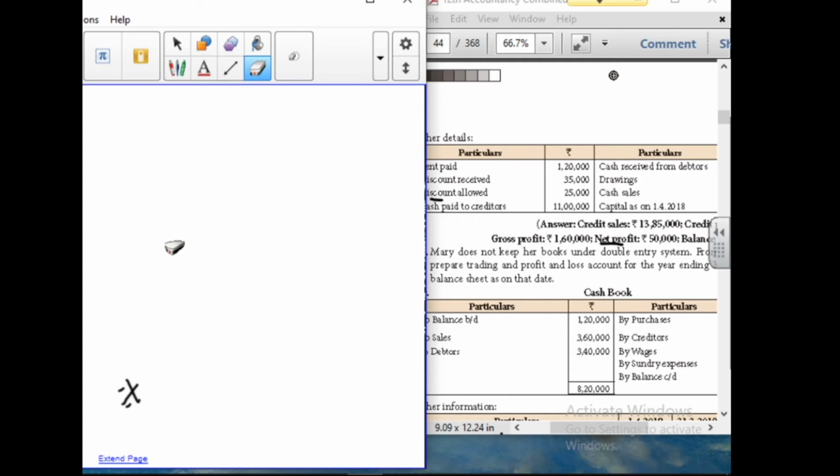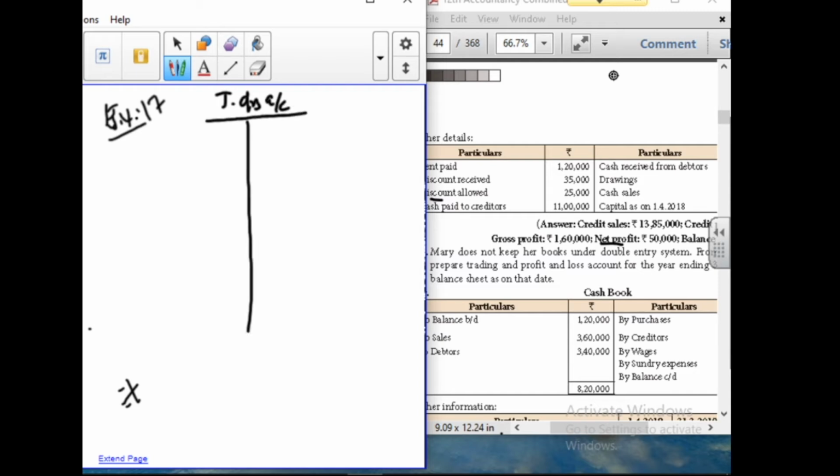These two informations are more important. First we'll prepare the total debtors account. This is the exercise problem number 17. We are going to prepare the total debtors account.